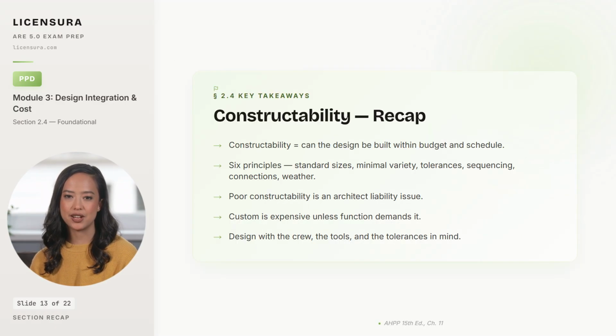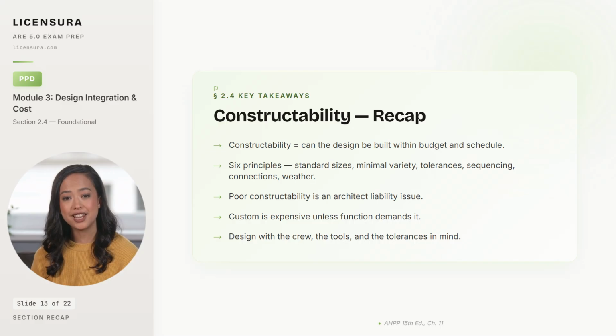4 takeaways on constructability. Constructability is the yes or no question of whether the design can be built efficiently, safely, within budget, and within schedule. And the answer must be yes before the documents leave the office. 6 principles govern the test: standard sizes, minimal material variety, real construction tolerances, sequencing, practical connections, and weather and seasonal realism.